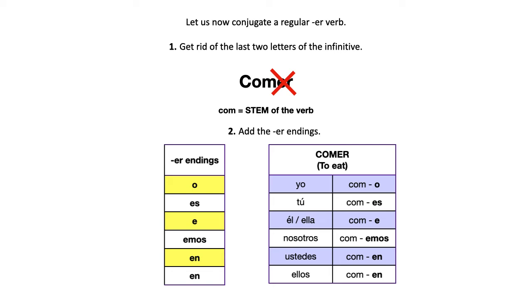They will understand that you are using a verb that means to eat, for example, in this case, but they will not understand how you are using it, right? You need to add the correct endings. And as I said, if you compare the er endings to the ar endings, you will see they're exactly the same, except that whenever you had an a in the ar endings, you change it for an e in the er endings.